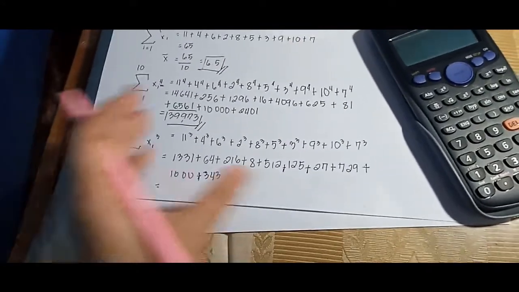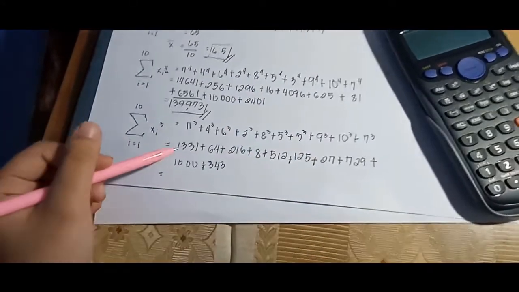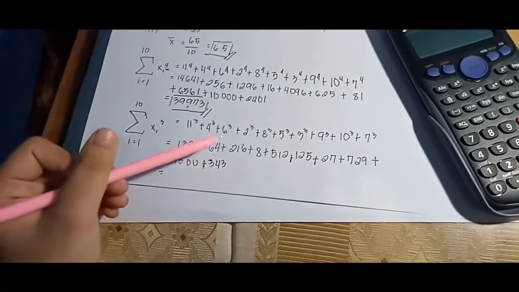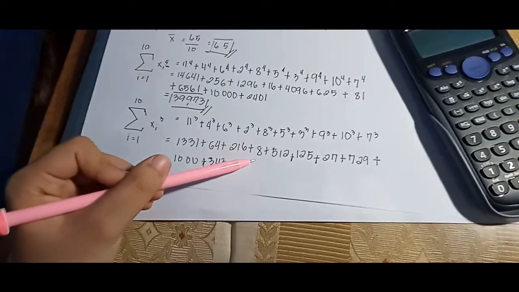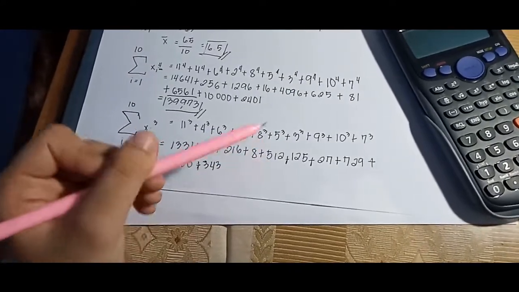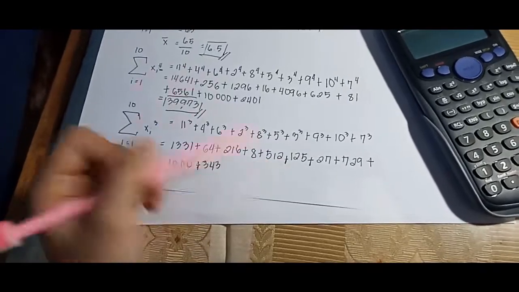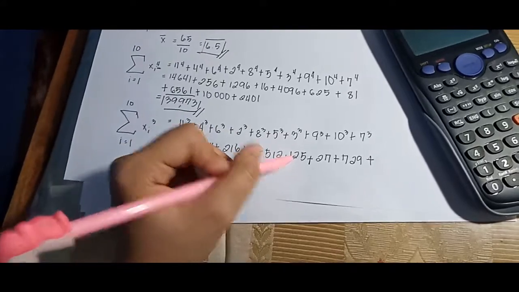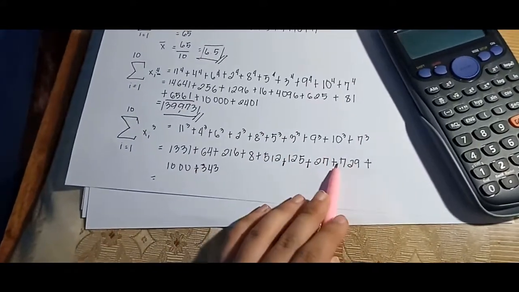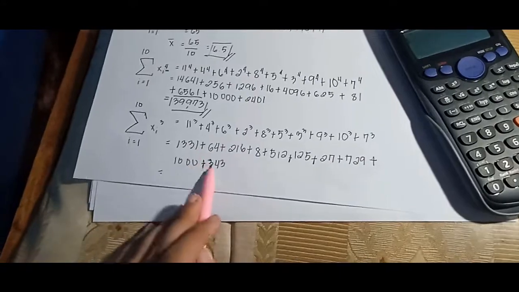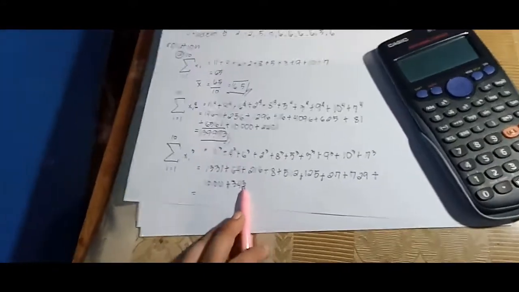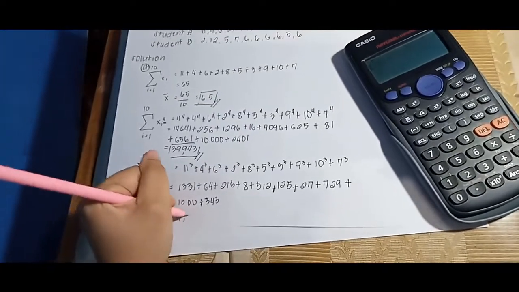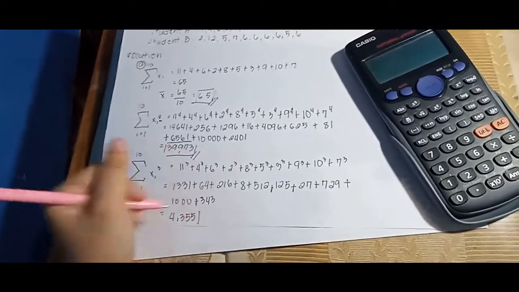So, we have 1,331 plus 64 plus 216 plus 8 plus 512, plus 125 plus 27 plus 729 plus 1,000 and plus 343, which leads us to 4,355 in total.